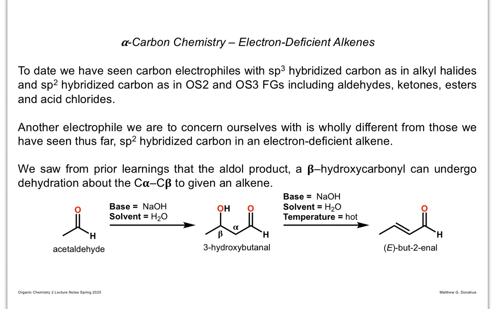Okay, so that was two reactions based on alkylation. Now we're going to switch gears and look at a new type of reaction, an addition reaction. Again, alkylation really is substitution. Now what we're going to look at is the product of an aldol dehydration undergoing a subsequent addition reaction.